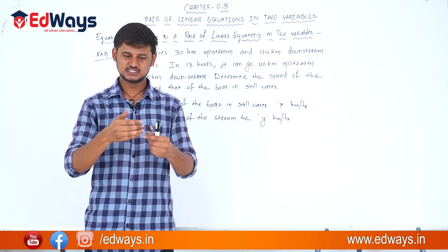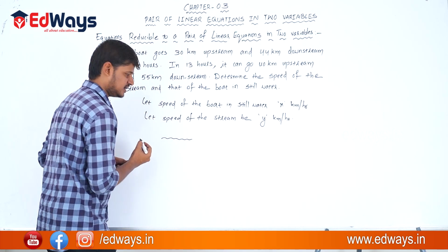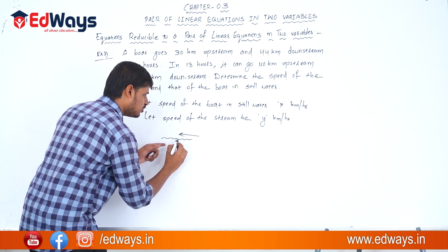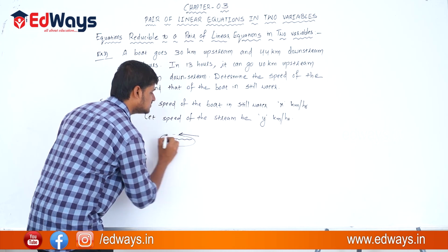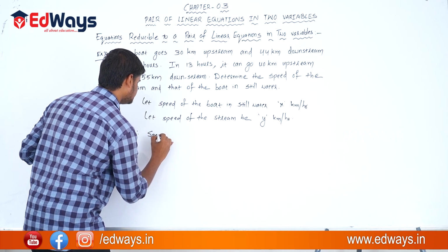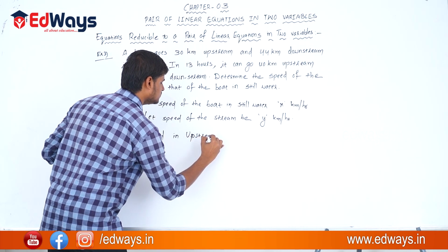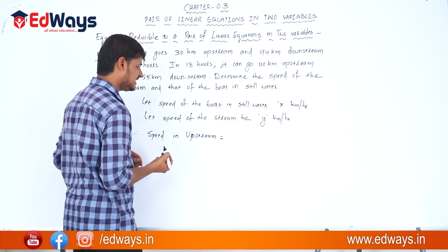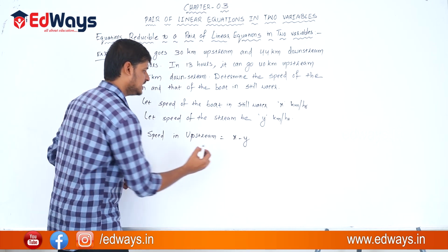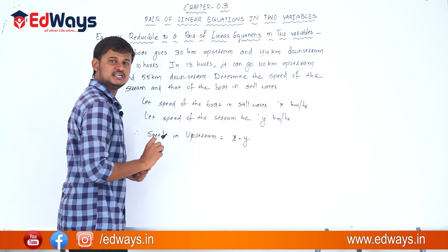Therefore, speed in upstream will be equal to x minus y, because x is the speed of the boat, so it must be greater, and y is the speed of the stream.